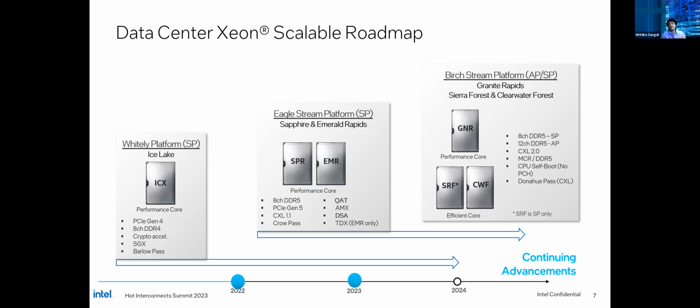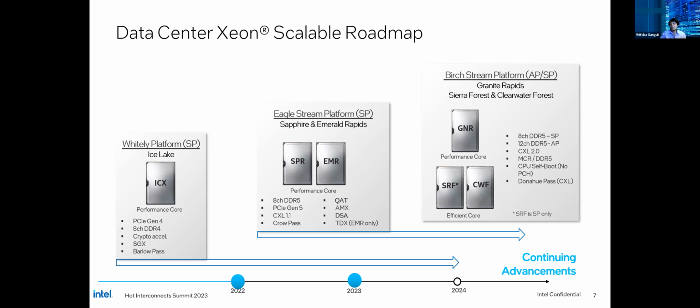And another set of CPUs that are coming out early next year is the Birch Stream platform. And there we will have one kind of platform which will have efficient cores, which will be single-threaded cores, but a large number of cores. And those are the Sierra Forest and Clearwater Forest.